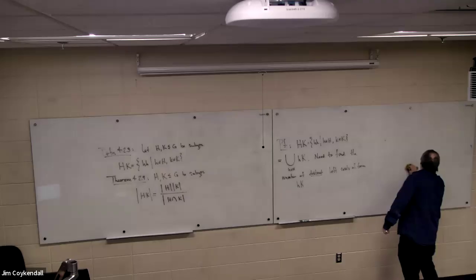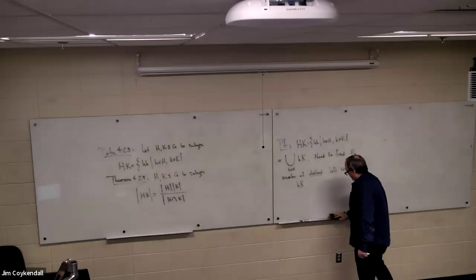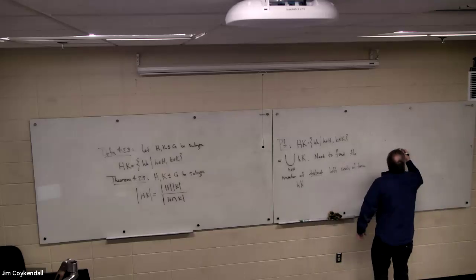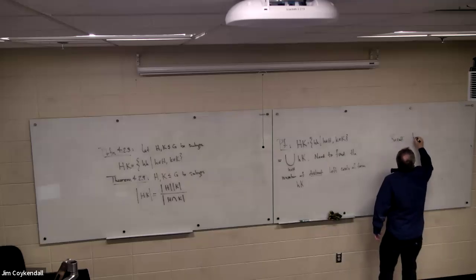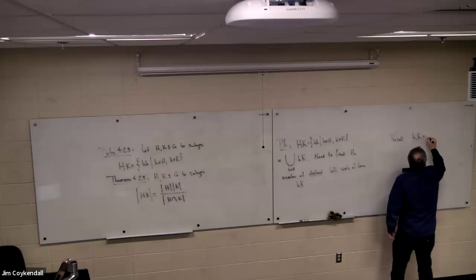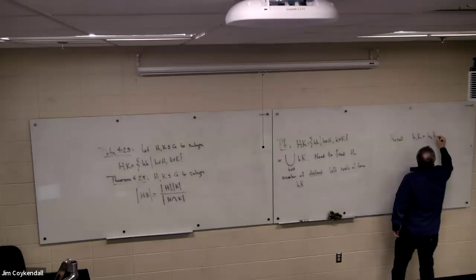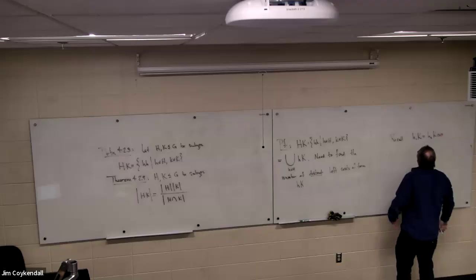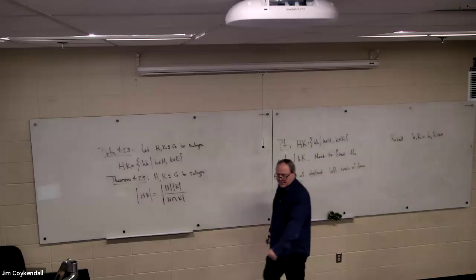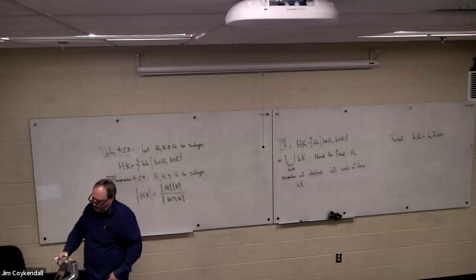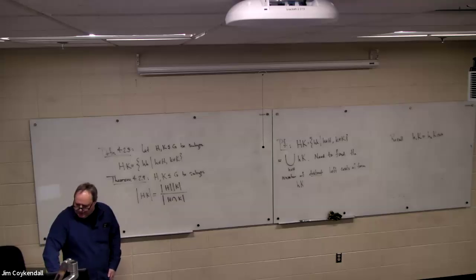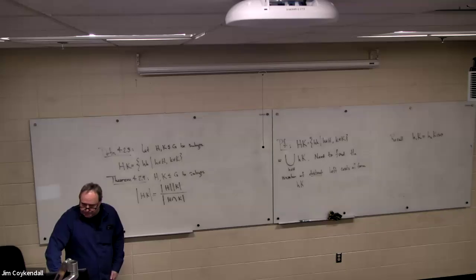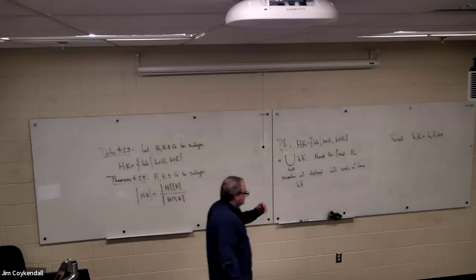So first, I want to remember this observation here. Note that h1K is equal to h2K if and only if... anybody remember the condition we need for those two cosets to be the same? h1 and h2 have to be the same?